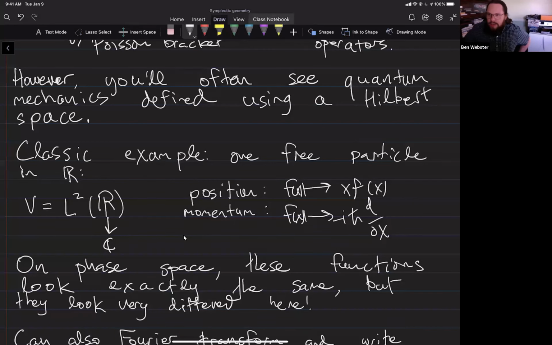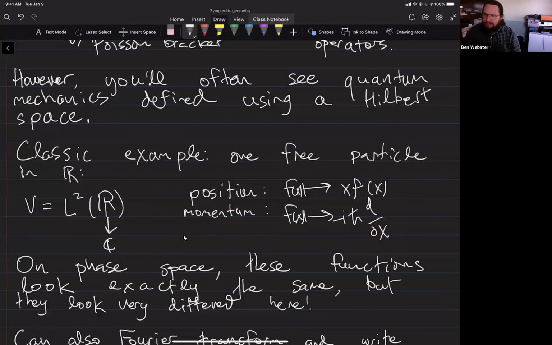So you'll note we've been talking all this time about symplectic geometry. And from the perspective of symplectic geometry, position and momentum are the same. They're both just observables on phase space. They have some Poisson bracket between them, but there's even a symplectomorphism of phase space to itself that swaps them.